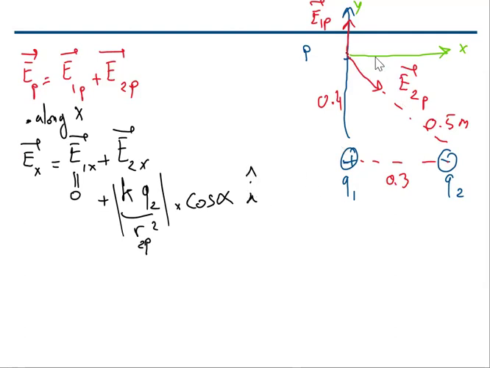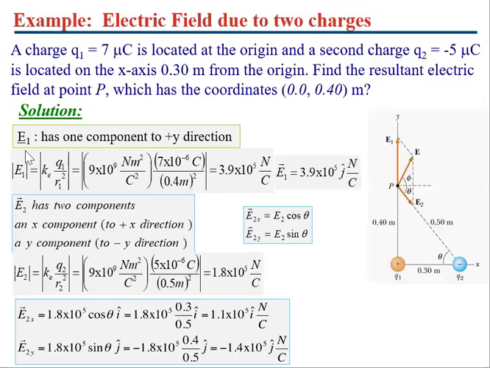What is our alpha? Our alpha must be with respect to the X axis. Let's say this is alpha 2 for the second vector. And let's say this is alpha 1. According to the figure, alpha 1 is here, also here.